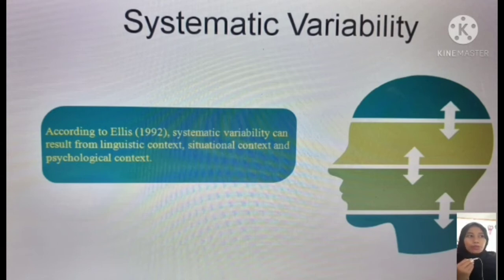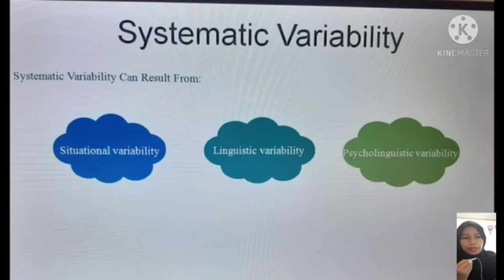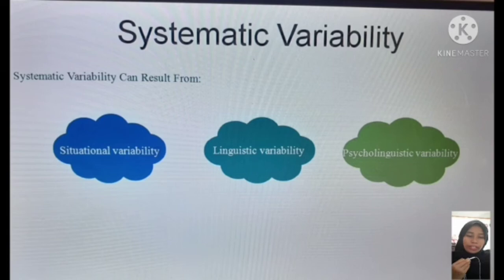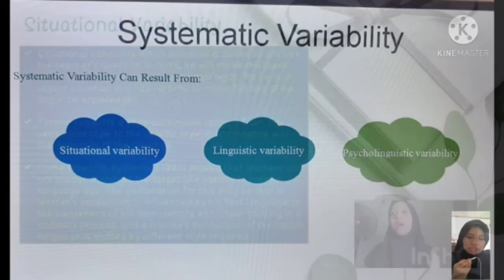It doesn't need to be taken into account when explaining linguistic competence. Systematic variability can result from situational variability, linguistic variability, and psycholinguistic variability. For more explanation, it will be explained by my friends.